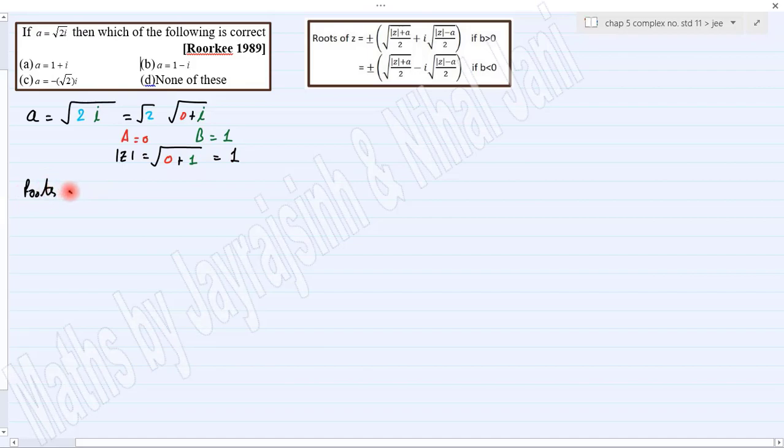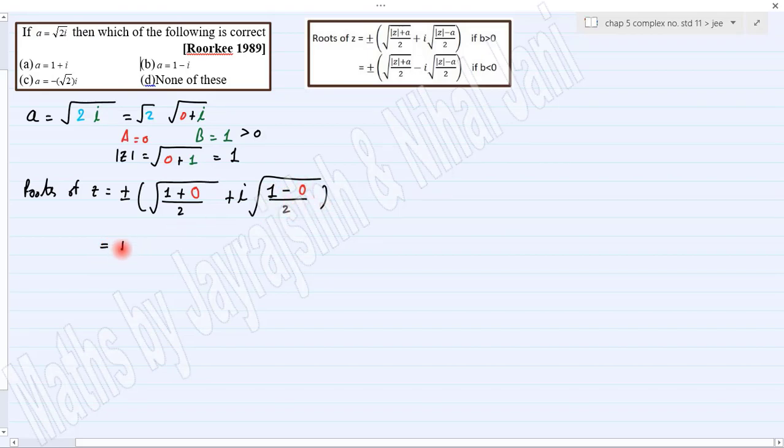Now, the roots of our complex number are plus or minus under root of mod z, or we can say 1, plus real part, which is 0, by 2. Because our imaginary part is greater than 0, we have to take plus i under root of modulus, which is 1, minus real part, which is 0, by 2.